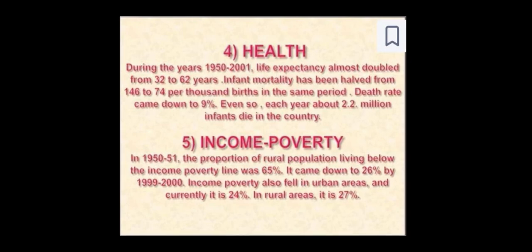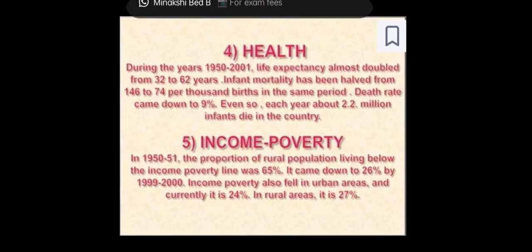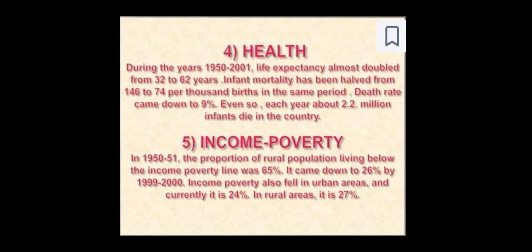Infant mortality has been halved from 146 to 74 per thousand births in the same period. Death rates came down to 9%. Even so, each year about 2.2 million infants die in our country. So, these are the areas we look out for.